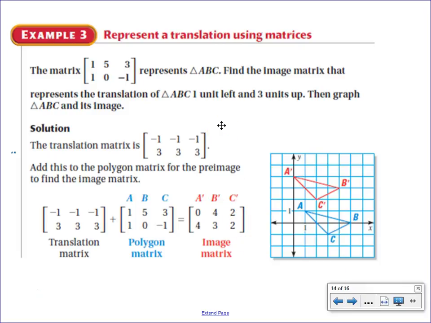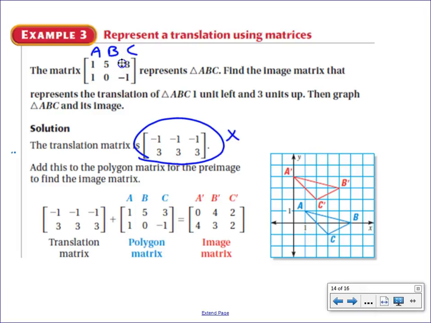So let's take, for instance, the matrix with columns (1, 1), (5, 0), (3, -1) represents triangle ABC. So we have a point at (1, 1), a point at (5, 0), and a point at (3, -1). Okay, so it's A, B, and C. And we want to translate using the matrix with rows -1 and 3. We can probably guess what we're doing to the x-coordinates and the y-coordinates.